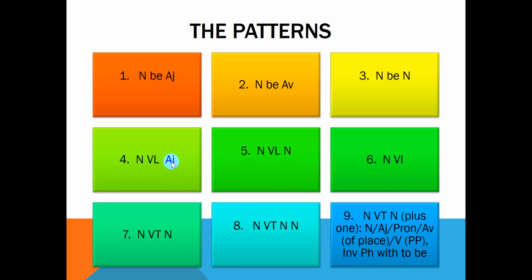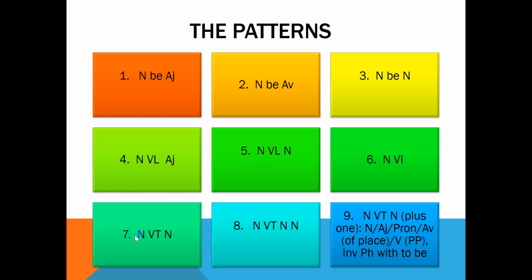The difference is just here: in pattern 4 we use adjective, in pattern 5 we use noun, but both patterns use linking verb. Then pattern 6 is the combination of noun and intransitive verb. The noun can be a noun phrase, and the verb is intransitive.